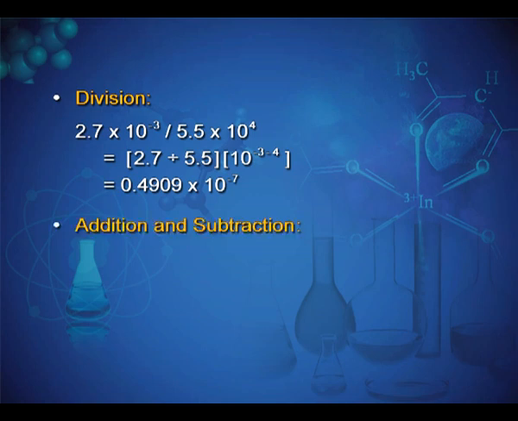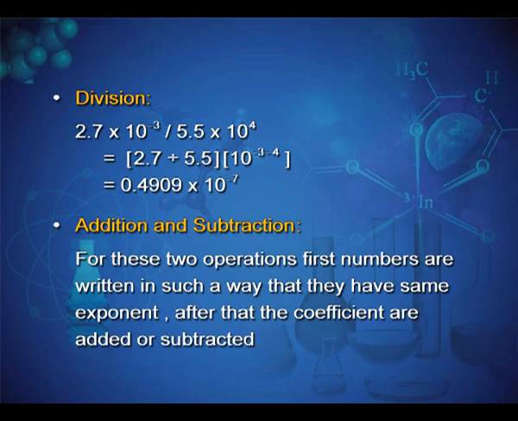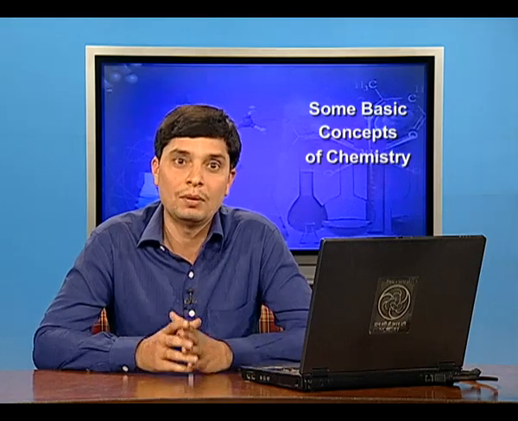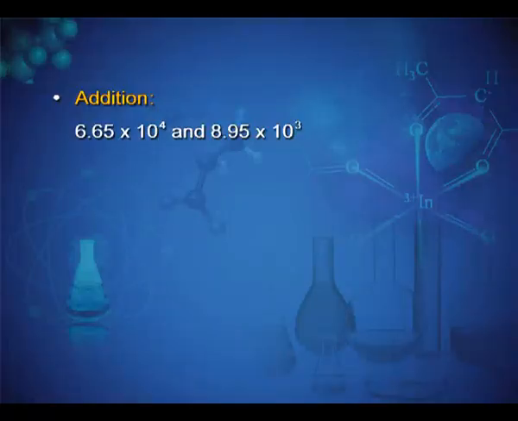Addition and subtraction. For these two operations, the numbers are first written in such a way that they have the same exponent. After that, the coefficients are added or subtracted. Addition example: we have to add 6.65 times 10 to the power 4 with 8.95 times 10 to the power 3.